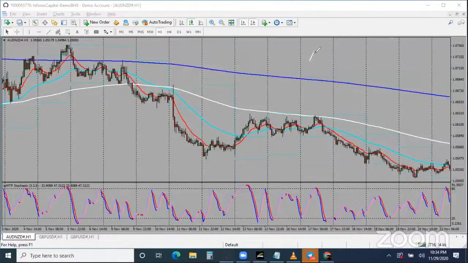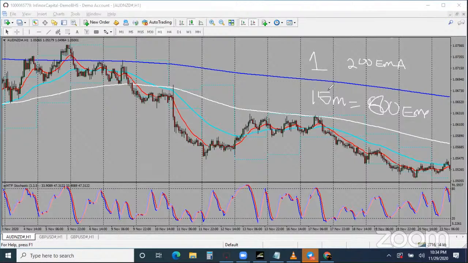In 1 hour, what is the 200 EMA in 1 hour equivalent to in 15 minutes? The 800 EMA.